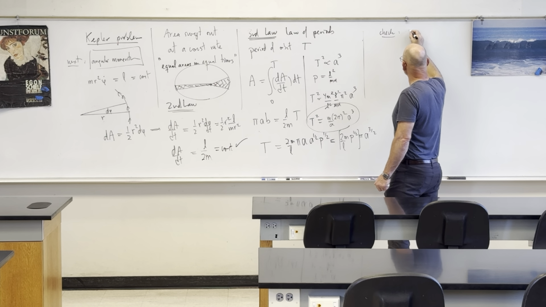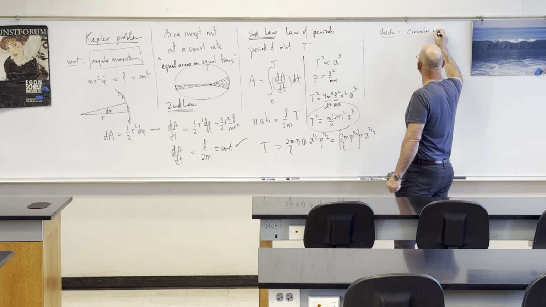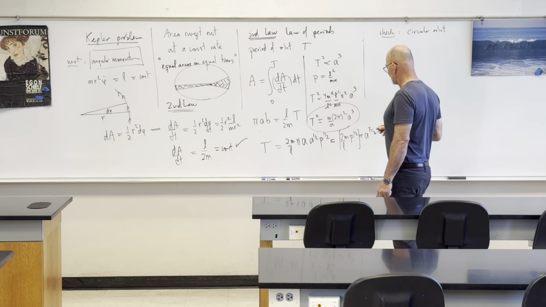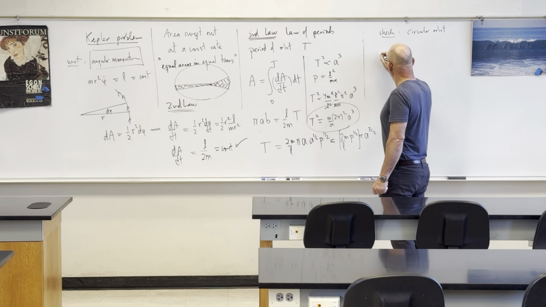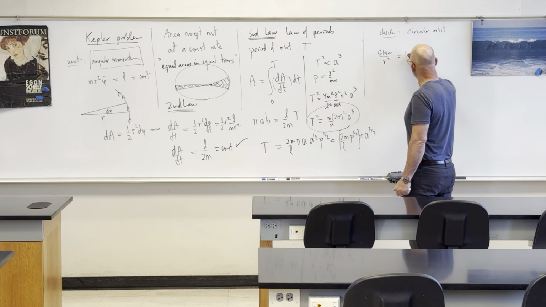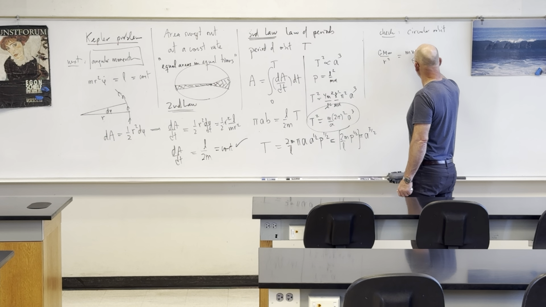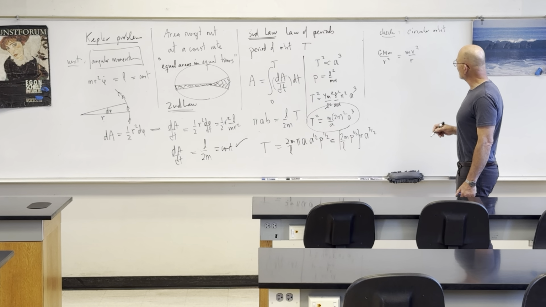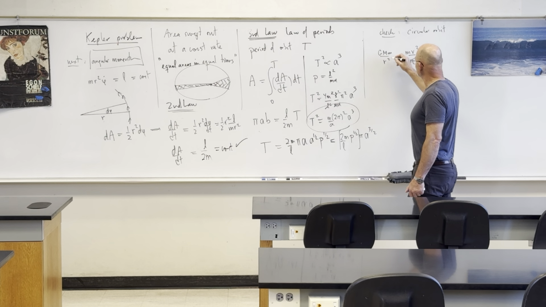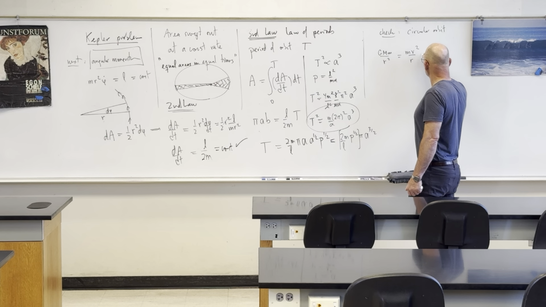So if we do a circular orbit, then as you guys remember, we had G N M over R squared is equal to M v squared over R. So we had Newton's law here. These cancel. Let's just keep going.